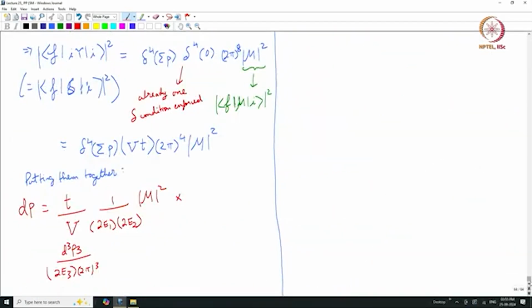I am just going to push the E3 and E4 from the inner products into this. So we have d cubed p4 over 2E4 2 pi cubed, and the rest of the terms go for a ride. So I'll just write that down.